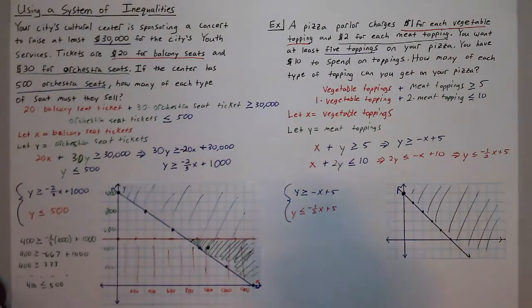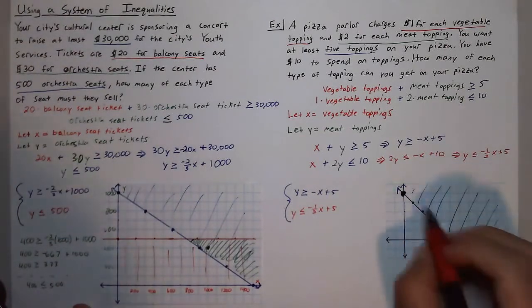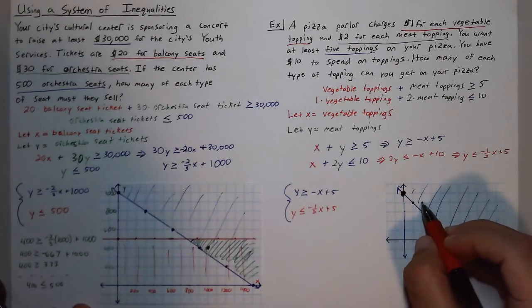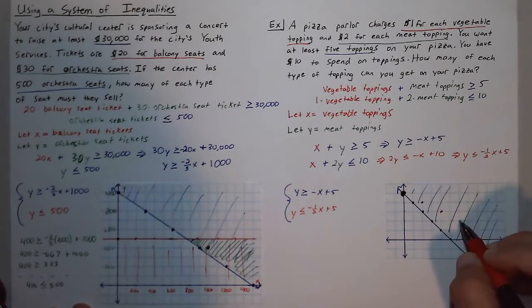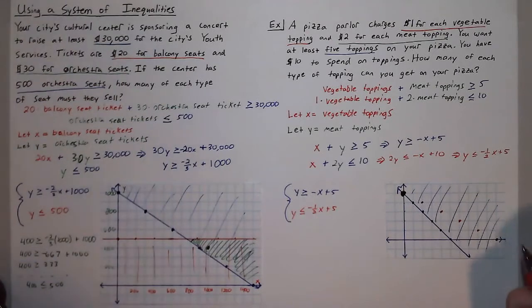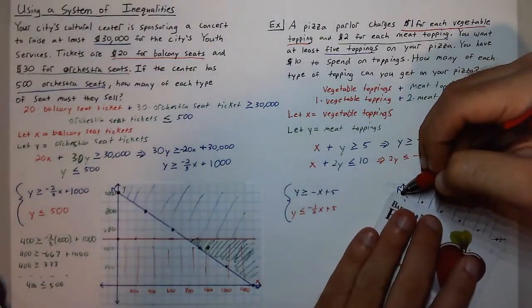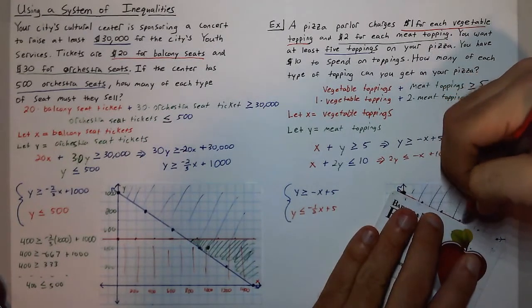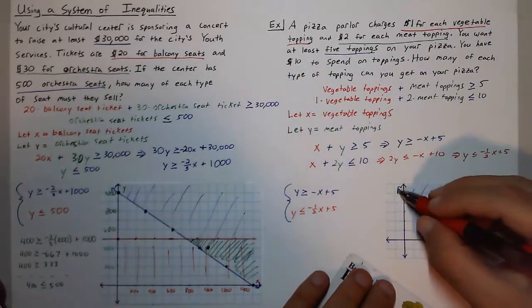The other one has the same y-intercept, but the slope is a lot shallower because I go down 1 over 2. And this is everything less than that line.